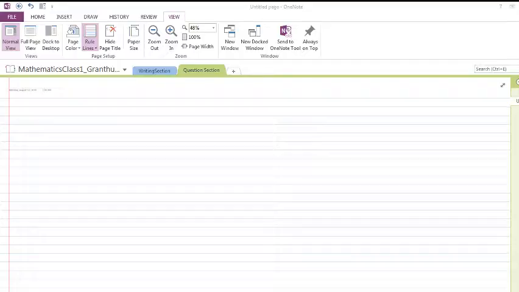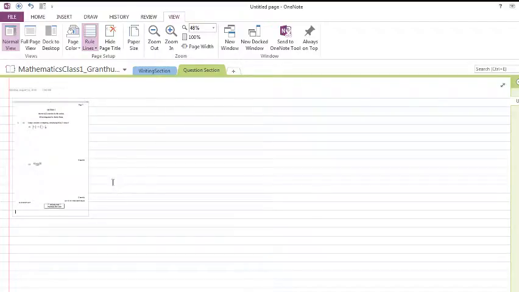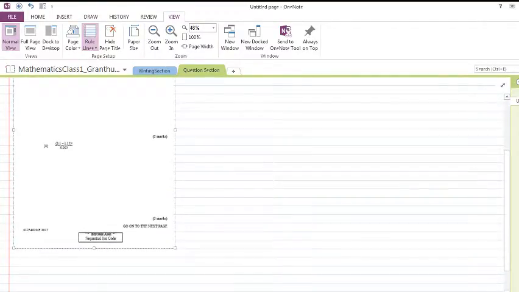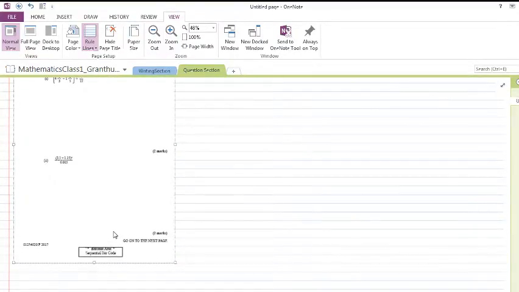So I'll start with question number 1 of 2017, and I'll drop the question here so you can see what it looks like. Generally, if I survey the years of past papers, I'll find that question 1 starts with some basic arithmetic, and that's what I like to start with.